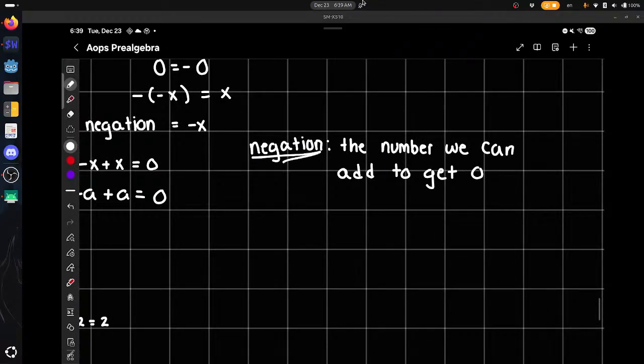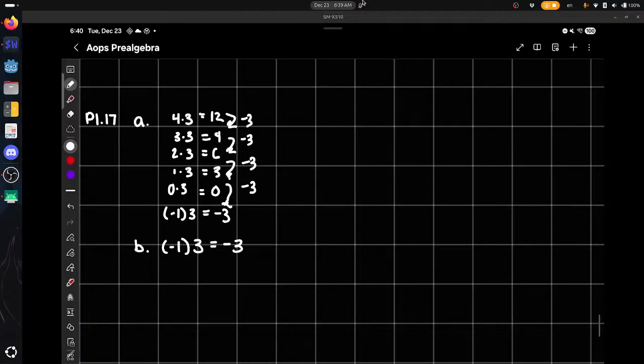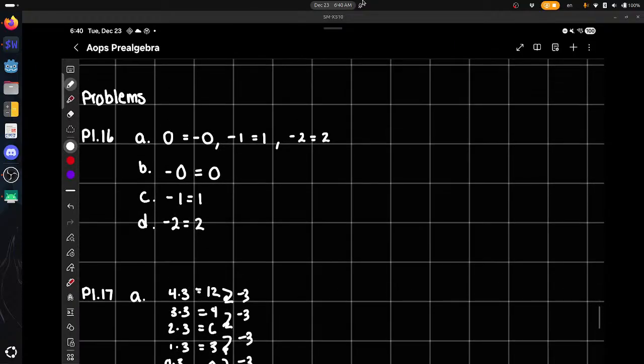Okay. So that explains why -0 and its negation will give us 0. So we can conclude that -0, or negation 0, is really just 0.